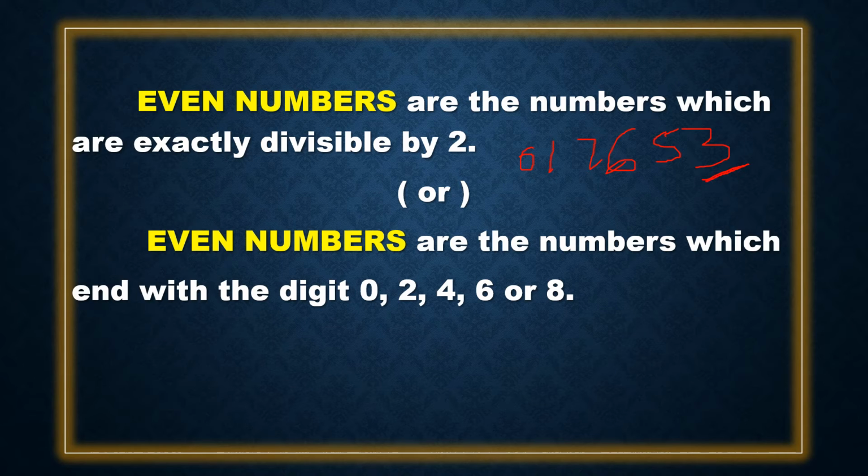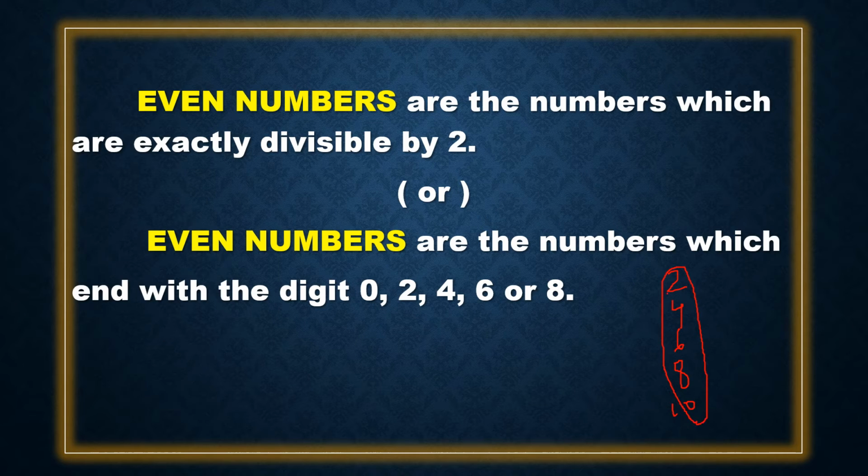If this units digit is from this set, then it is an even number. But this 3 is not in this set, so this number is not an even number. So no need to memorize these things. Anyhow, everyone knows the 2 table, right? 2 ones are 2, 2 twos are 4, 2 threes are 6, 2 fours are 8, 2 fives are 10. So here we are seeing only the units digit.